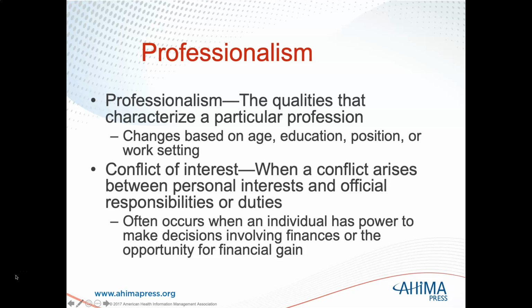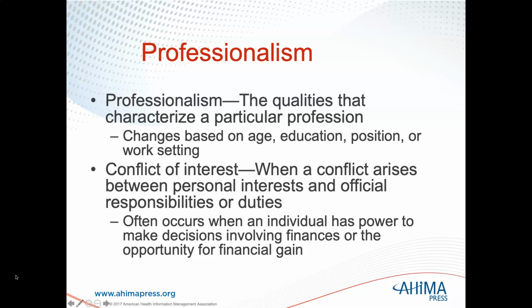Another example would be a hospital that owns a nursing home, a skilled nursing facility, and they have patients in the hospital who now need skilled nursing facility care. They have to be upfront with the patients and give them a list of all skilled nursing facilities within the area, and they have to note on there which ones they own or have some type of interest in.